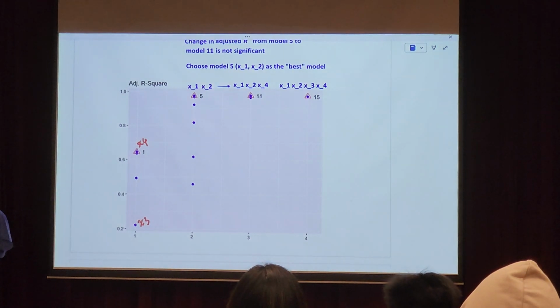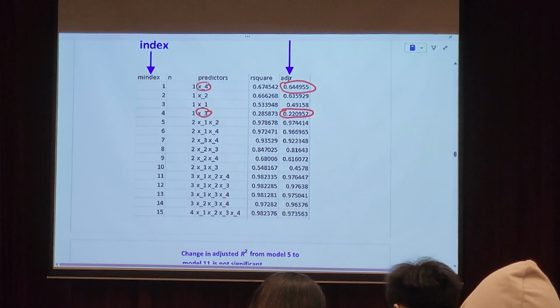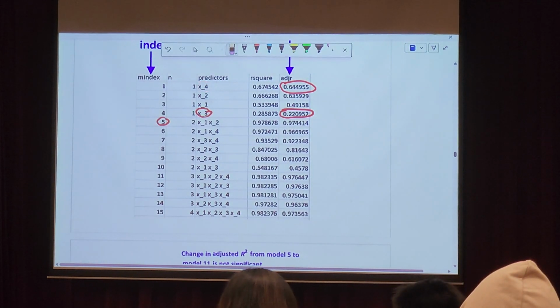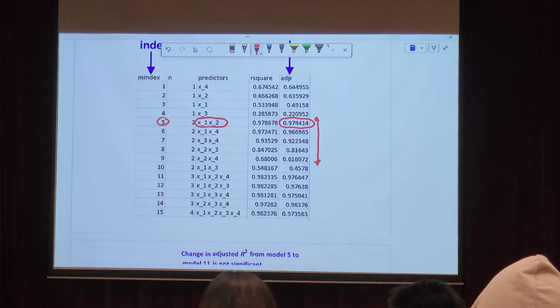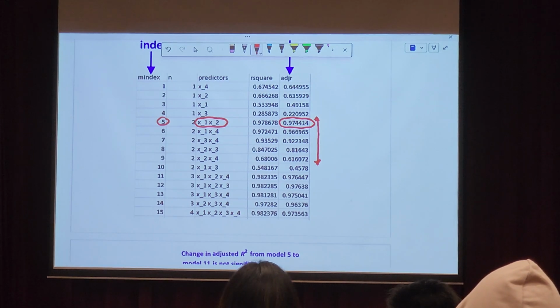And one of them is the best. Actually, it tells you which is the best: model 5. Go to model 5. It will tell you that if you use regressors X1, X2, you will get the maximum. So among all these two-regressor models, X1, X2 give you the best adjusted R square.